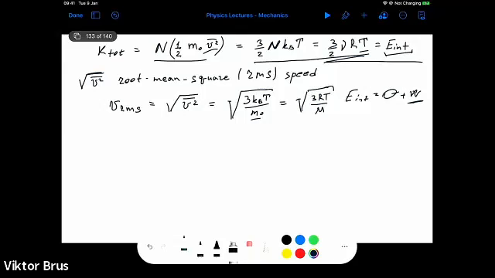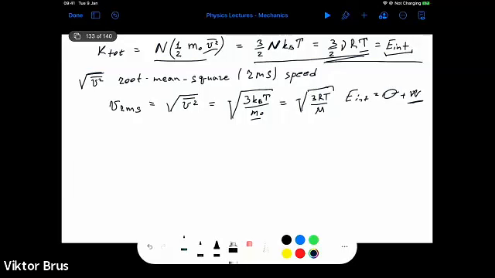It means that on a microscopic level, we will reduce average kinetic energy of molecules. So this kinetic energy of molecules will be transformed into work done by the system, by the ideal gas.